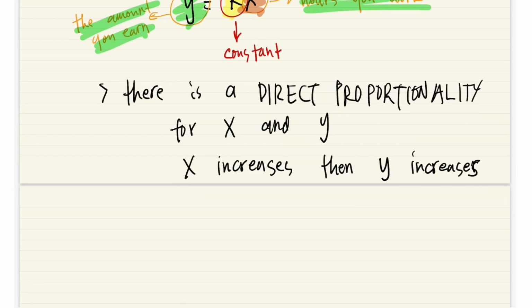If the number of hours that you work increases, so therefore the amount that you earn will increase also.